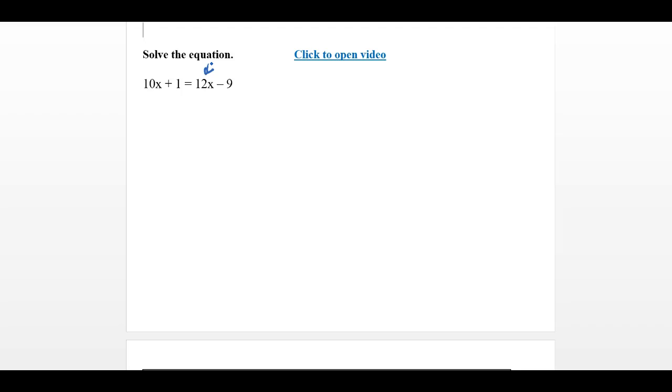This means that I would need to subtract 12x from 12x in order for that variable term to eliminate. But keep in mind, if I subtract 12x from one side of the equation, I must subtract the same 12x from the opposite side's like term.